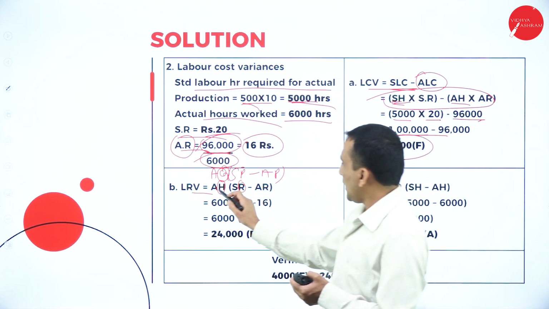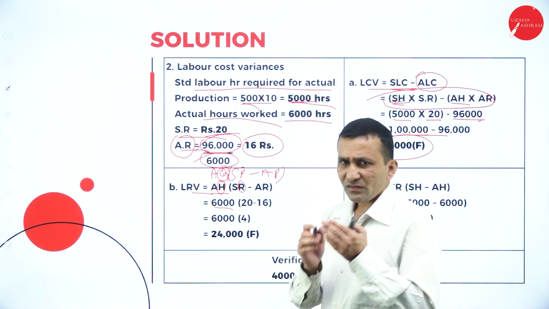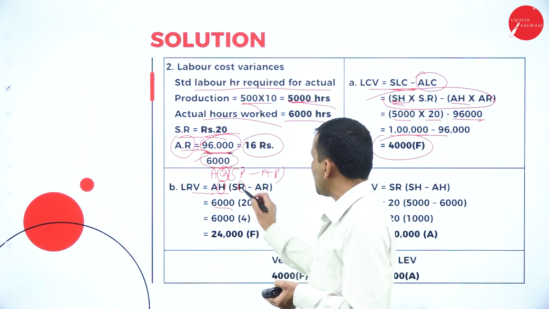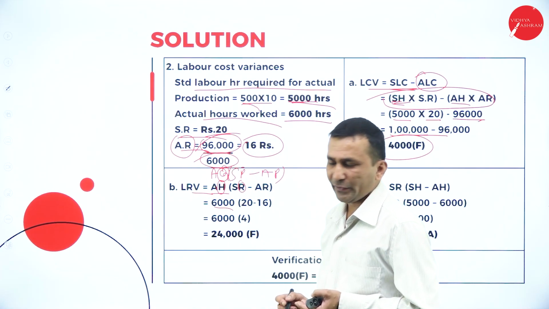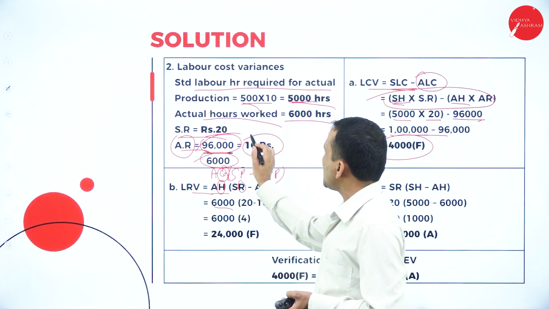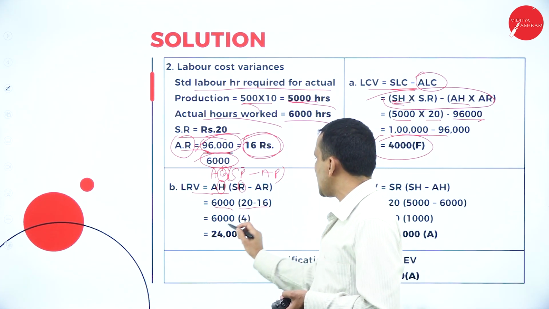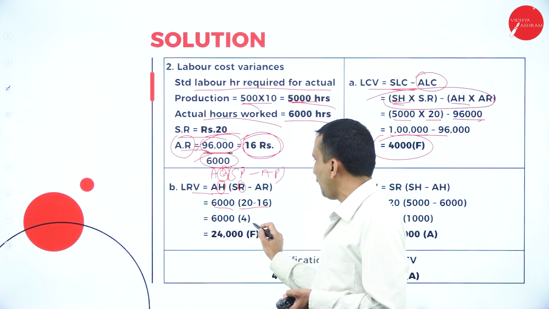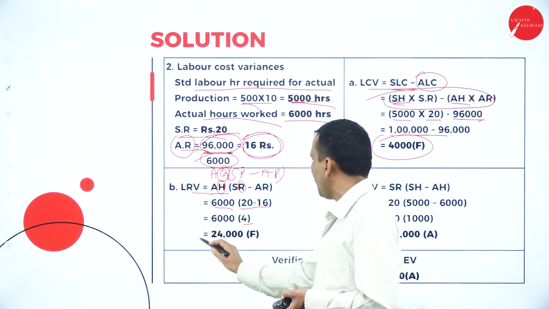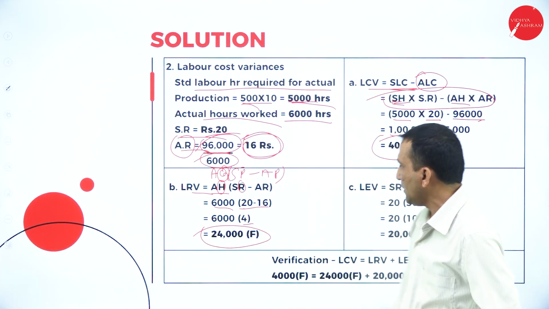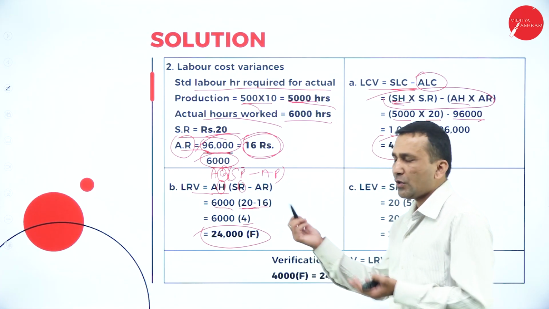The actual hours, which is 6,000, is given in the question, the standard rate we also identified in the question, 20, minus the actual rate given, calculated as 16. So obviously 20 minus 16 is 4, and 6,000 into 4 is 24,000, which is a favorable result because the sign is positive.